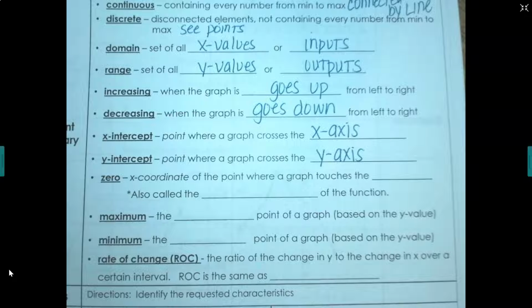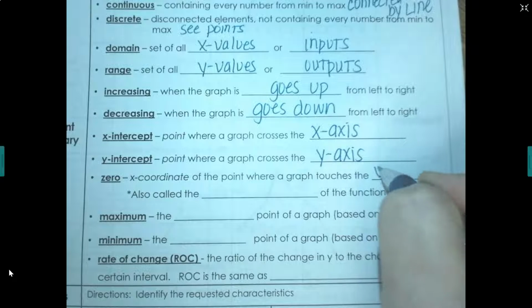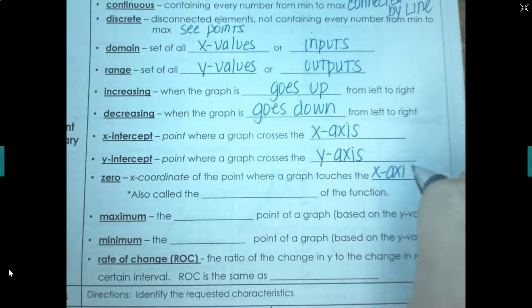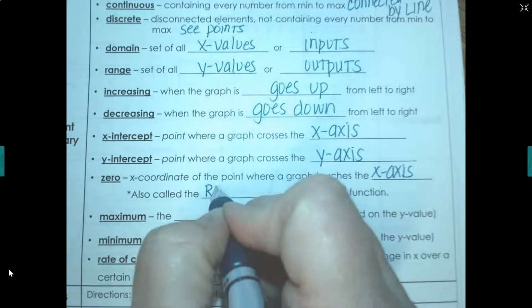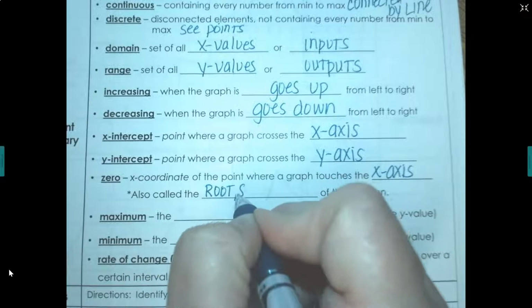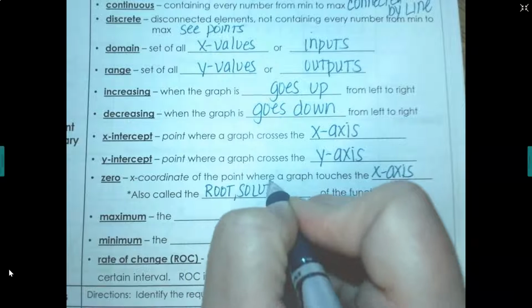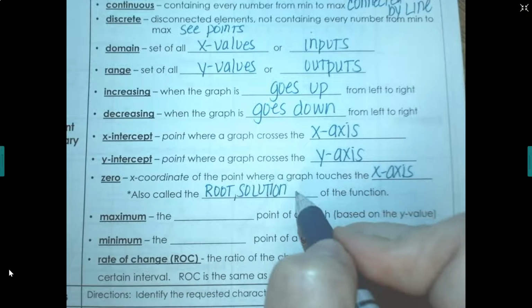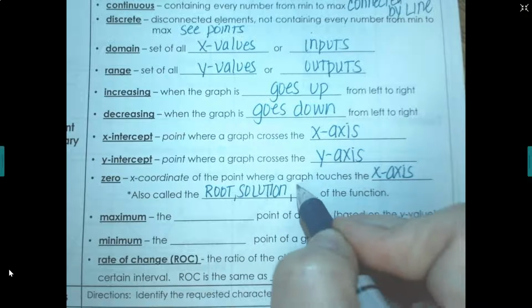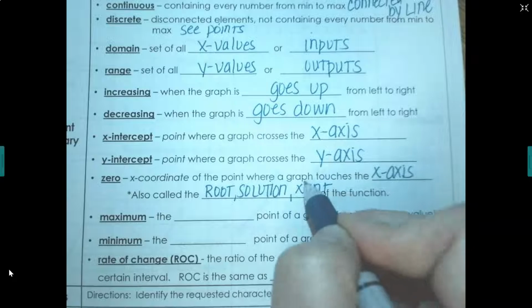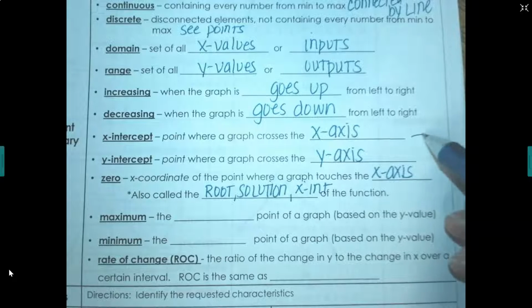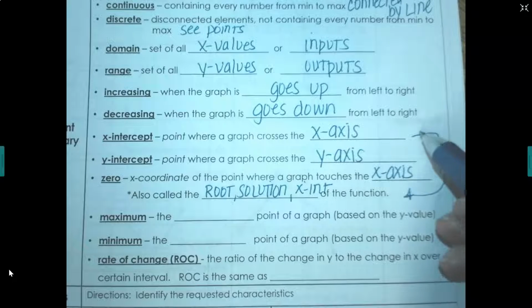A zero is the point where the graph touches the x-axis. It could also be called a root, a solution, or your x-intercept. So your x-intercept and your zeros go together.